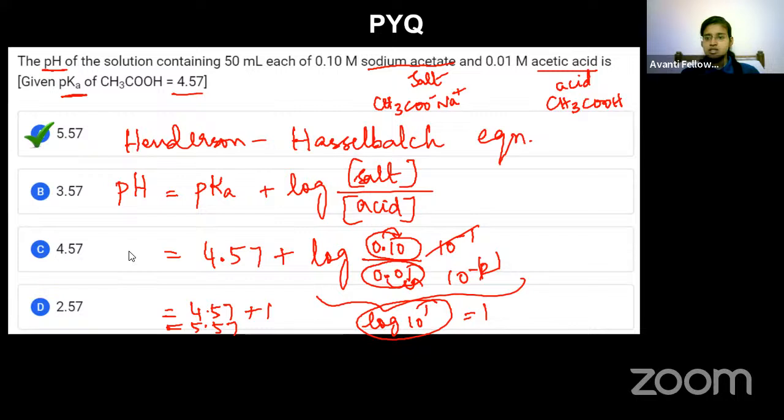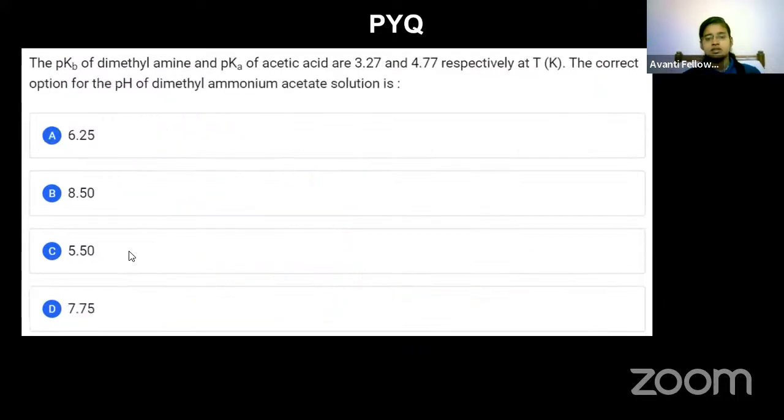Okay. So now let's go ahead with one more question. The pKb of dimethylamine and pKa of acetic acid are 3.27 and 4.77 respectively at some temperature. The correct option for the pH of dimethyl ammonium acetate solution is. So again, we are asked to find out the pH for the solution. What is this dimethylamine?